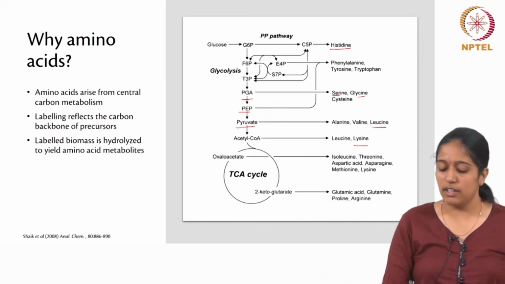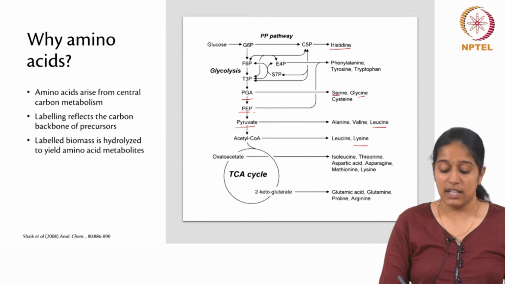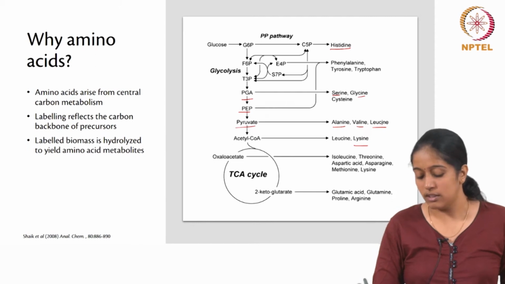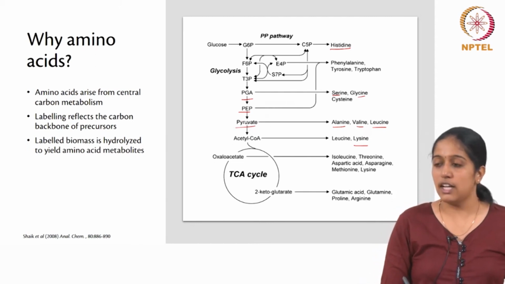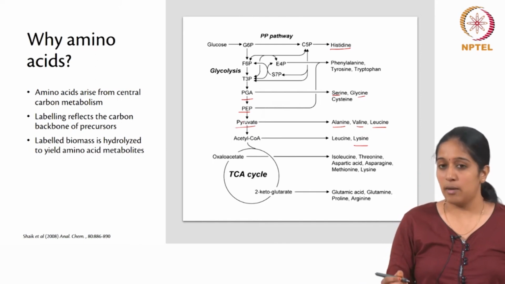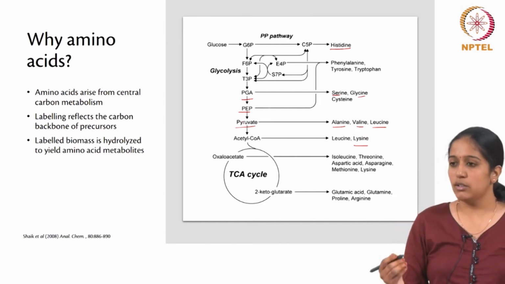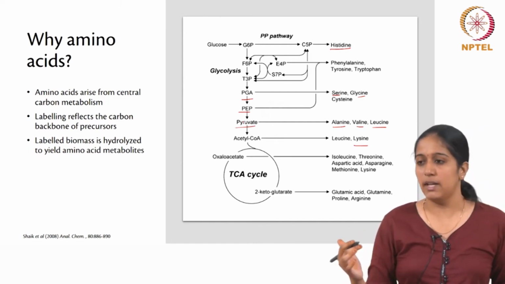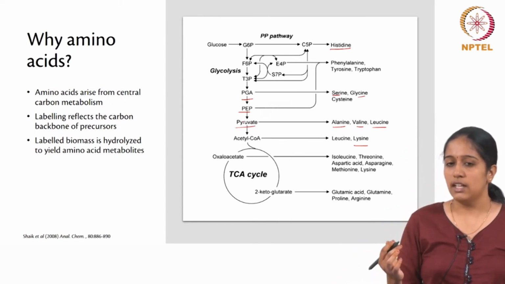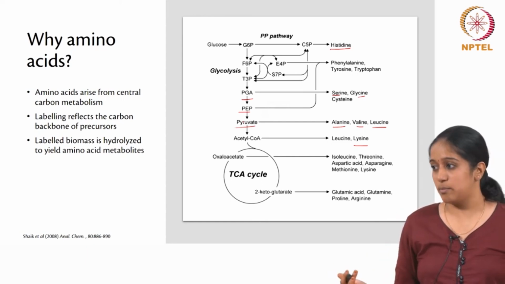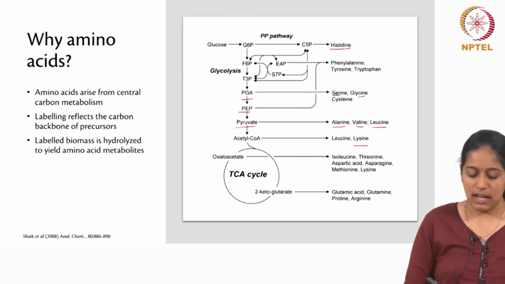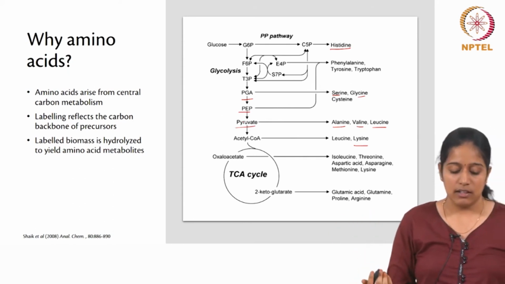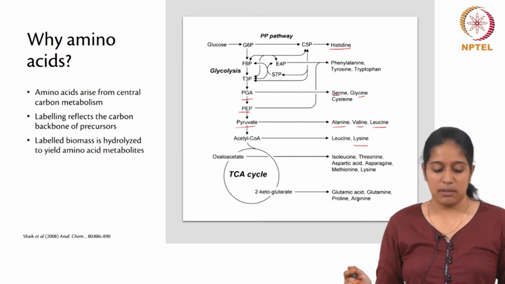So, if you want to find out the flux through the reaction from PEP to pyruvate, you might want to look at the labeling patterns of alanine, valine, leucine, and then infer the rates at which pyruvate was produced. So, this is why amino acids are most preferable, and also the biomass is composed of many amino acids, and these amino acids have their own set of advantages while doing experiments, which I will tell you in the next slides. And also you basically take the labeled biomass and hydrolyze it to get the amino acid metabolites.